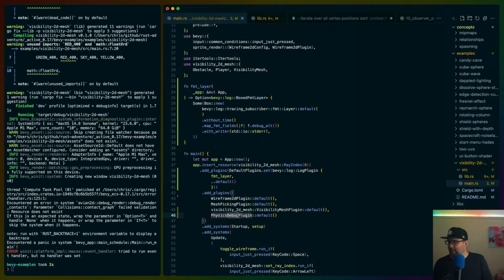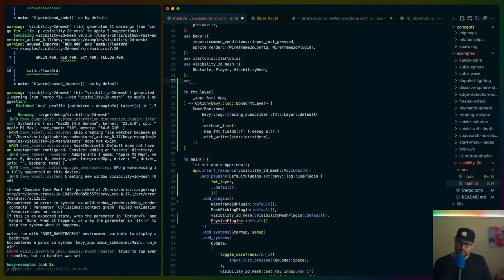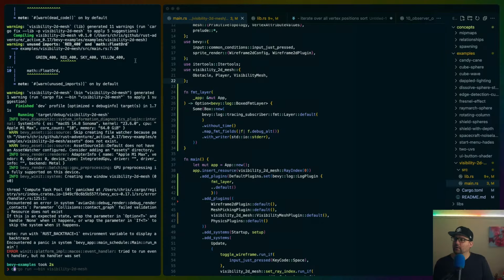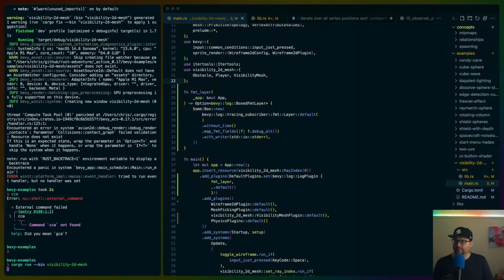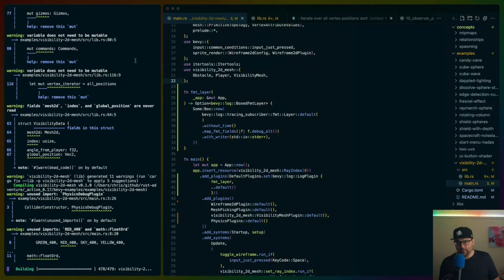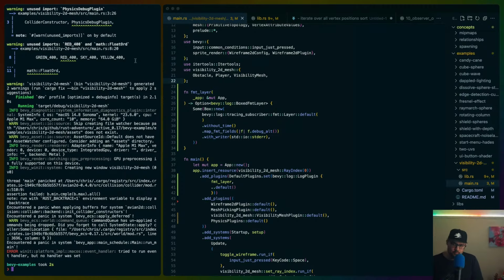That's the physics debug plugin. Physics plugins. Prelude star. One of the reasons it takes me so long to build examples is because I end up building them like three times.